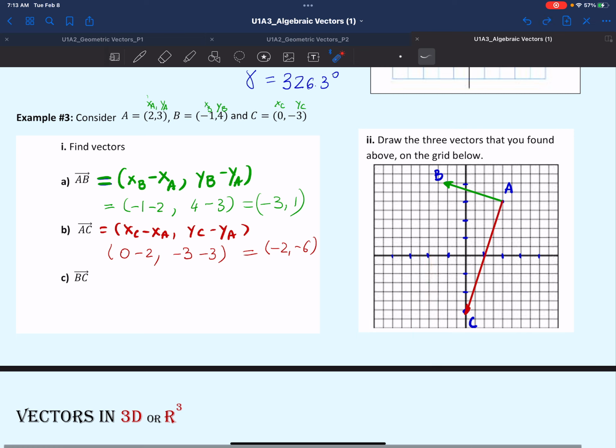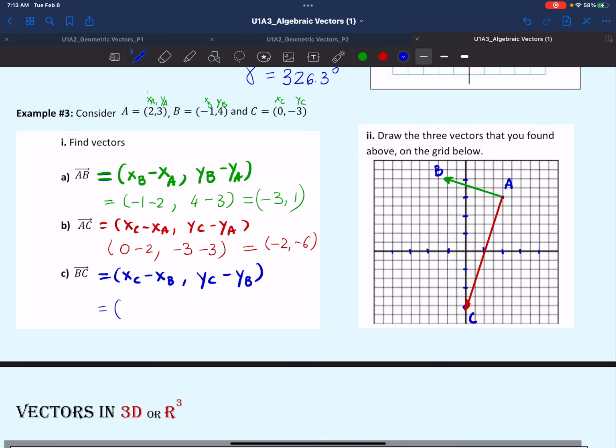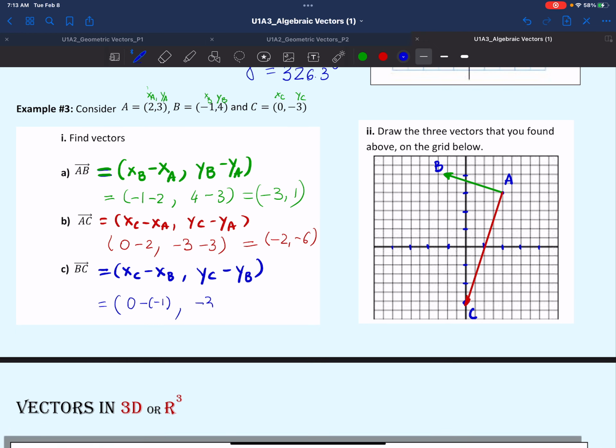So last, in the exact same way, we'll do the vector BC, which is going to be XC minus XB, YC minus YB. So x at C is 0, and x at B is -1, so minus -1. Y at C is -3, y at B is 4.